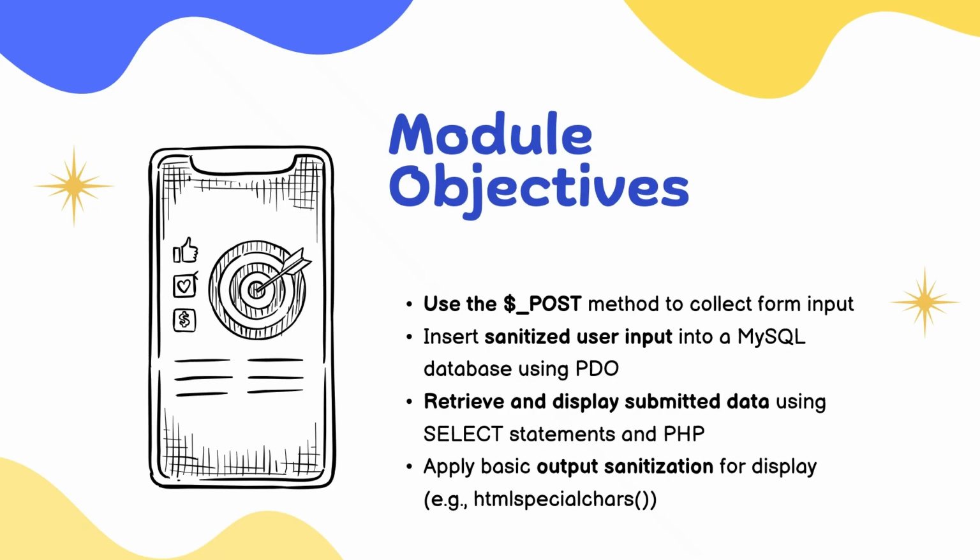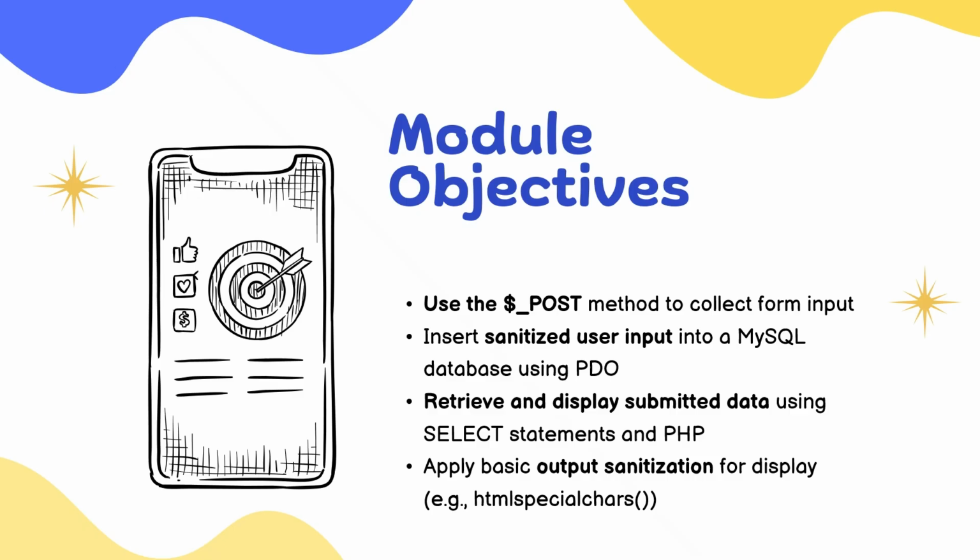Now, by the end of this module, you should be able to use the post method to collect form input. You should be able to insert sanitized user input into a MySQL database using PDO, retrieve and display submitted data using select statements and PHP, and then apply basic output sanitation using HTML special characters.